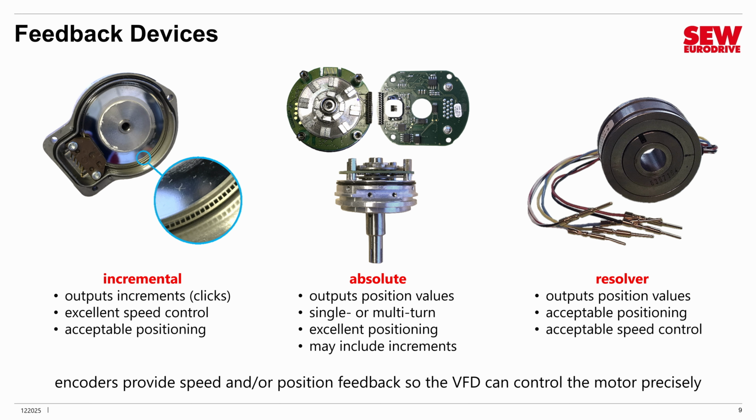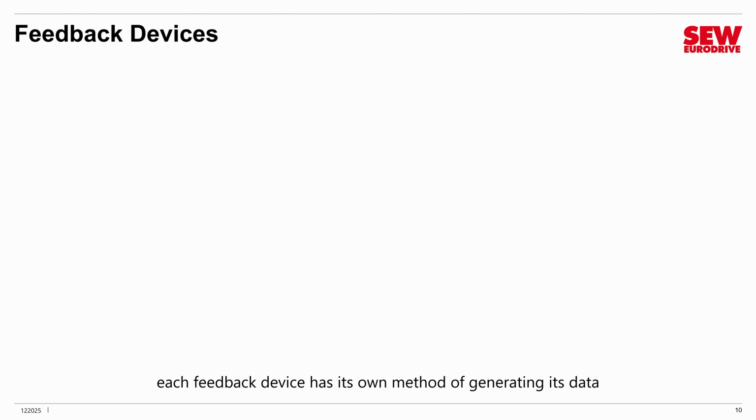This is an affordable alternative to an absolute encoder. It outputs position values, it gives acceptable positioning information, and also speed control. You can think of it kind of like a medium resolution absolute encoder, but it uses totally different technology from the traditional absolute encoder.